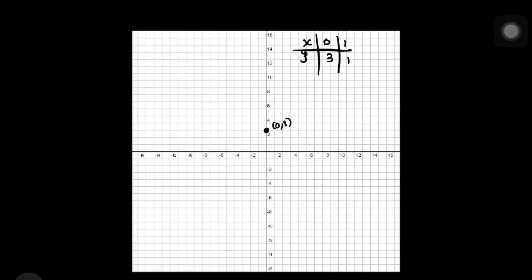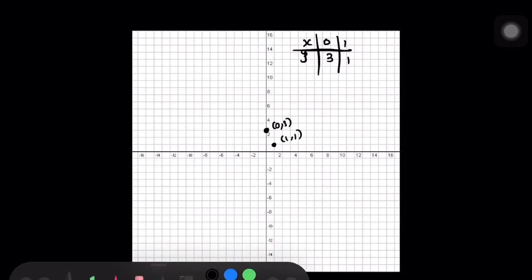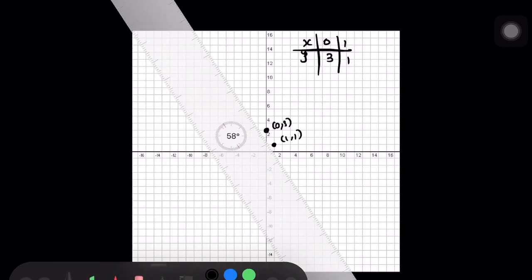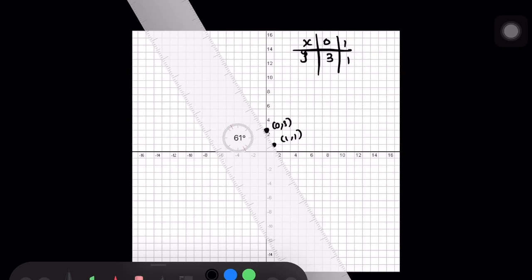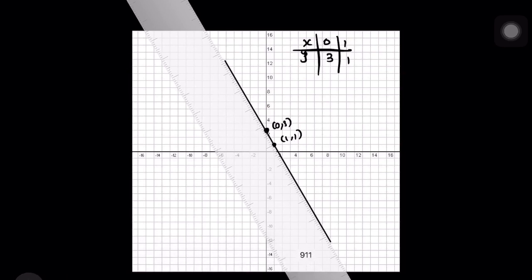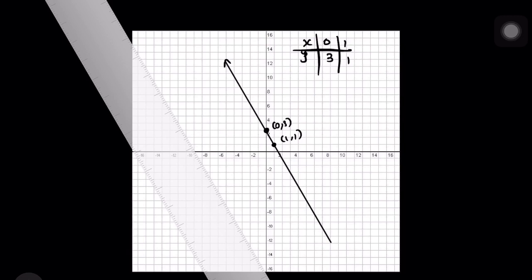The next one, 1 comma 1, x is 1 and y is 1. So based on these two points, we need to draw a line. So this line is 3 equal to 2x plus y.